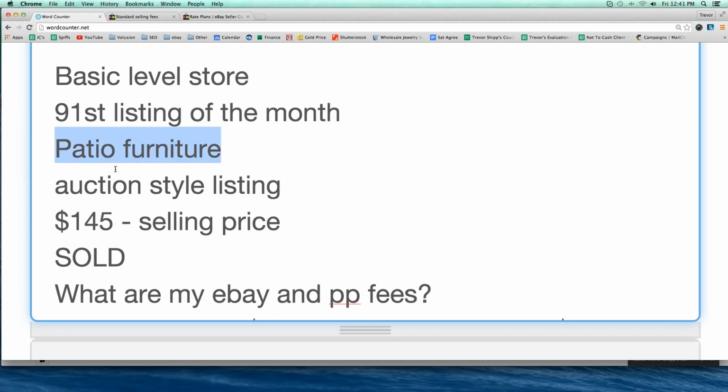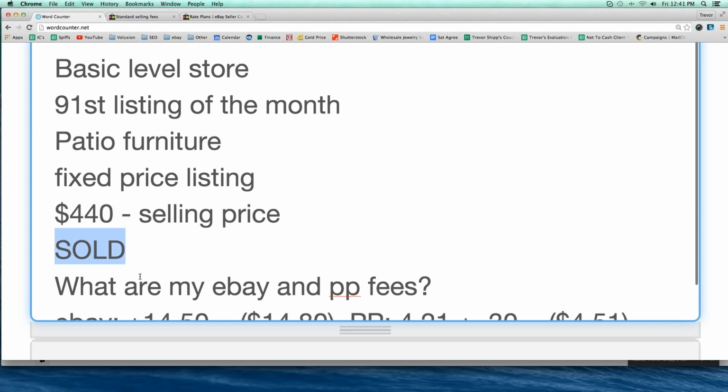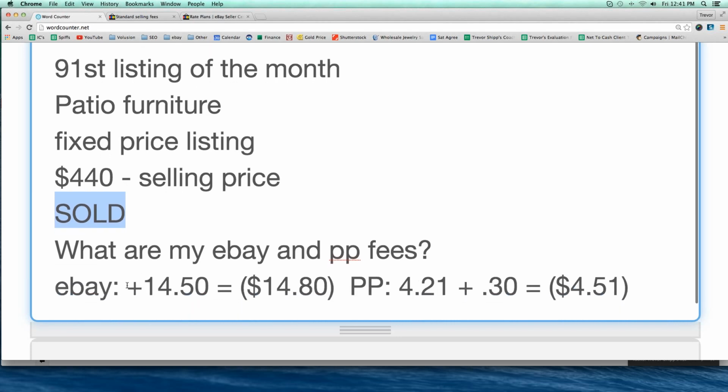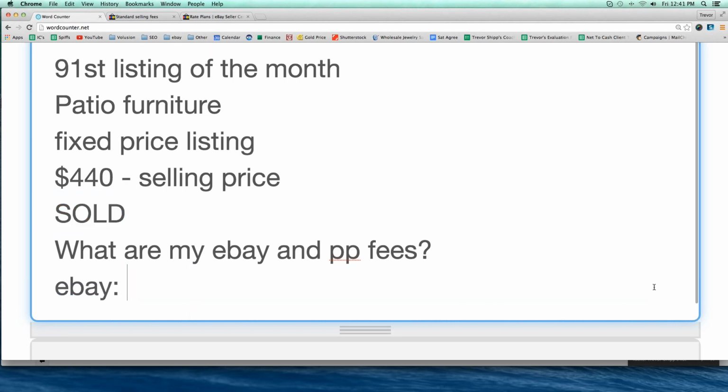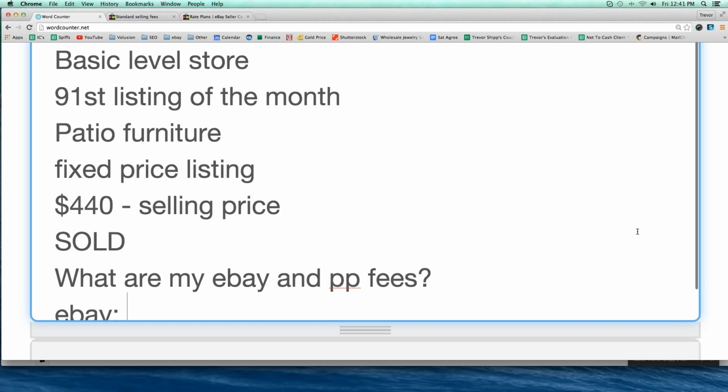We're going to say you sold some patio furniture. Okay? Whatever category that falls into, patio furniture. We're going to say this is a fixed price listing. And we'll say you sold this for $440, and it was sold. Run the numbers on that for me then, guys.